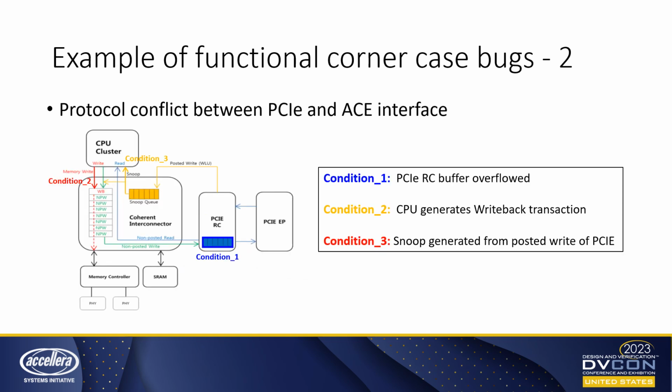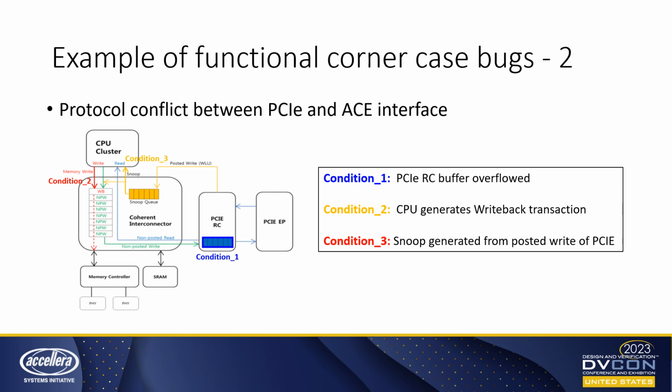Another example shows a protocol conflict case between PCIe and the ACE interface. PCIe and the ACE interface each have their own protocol and ordering rules. This picture shows the three conditions required for this conflict.